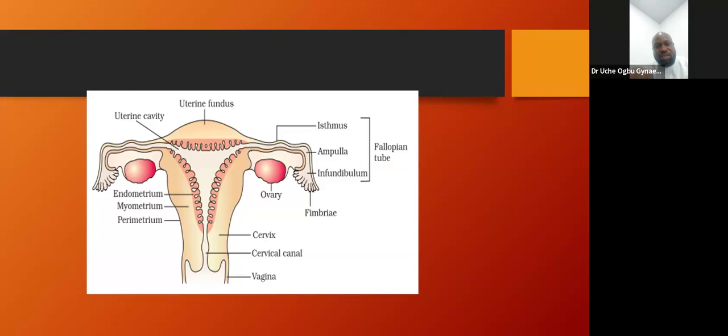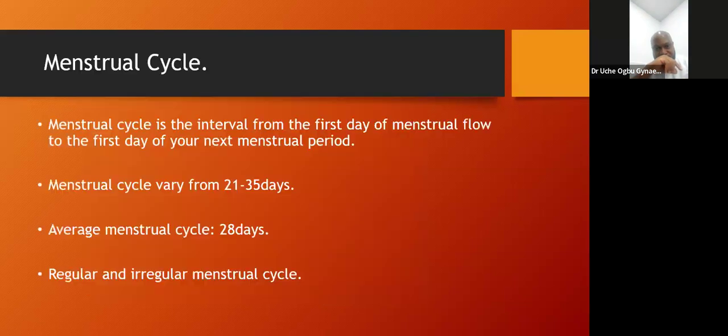The growth is usually maintained by a combination of estrogen and progesterone. If there's an imbalance in any of them, that will result in either the lining overgrowing or the lining being abnormally thin, and you might not have your menses at the end of 28 days. Next slide, please.